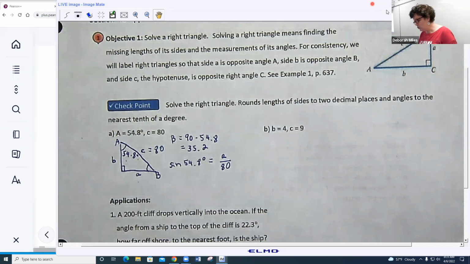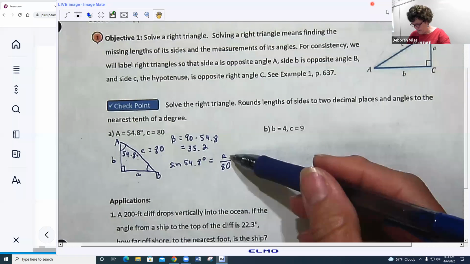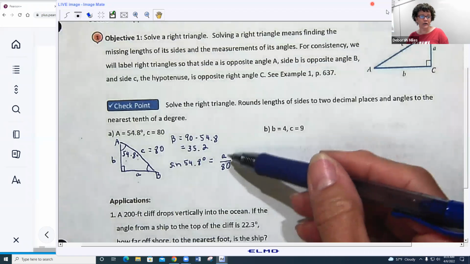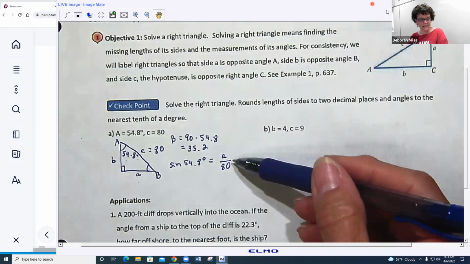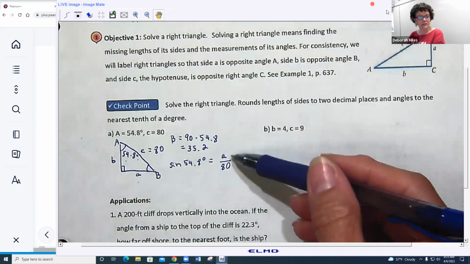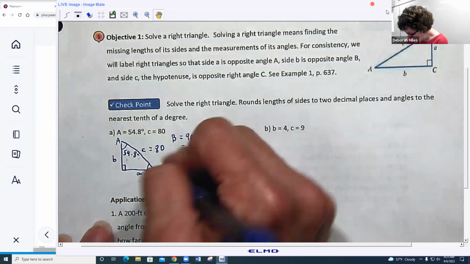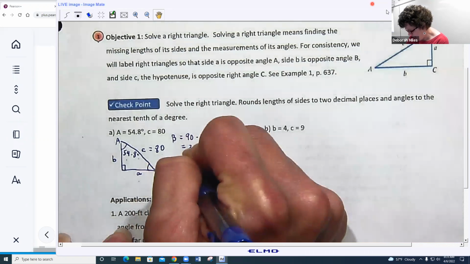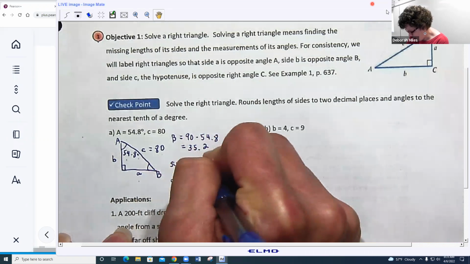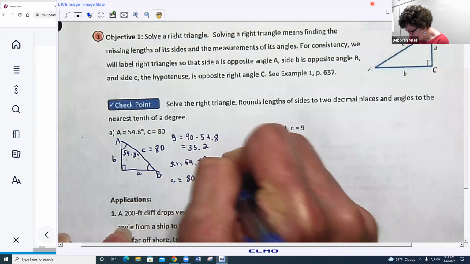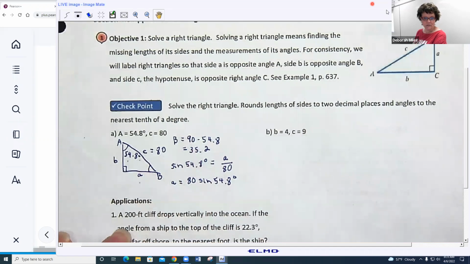I always try to get the angle or the variable that I'm solving for in the numerator. It just makes the equation easier to solve. To solve for a here, all I have to do is multiply both sides by 80, and I'd have a is 80 times the sine of 54.8 degrees.